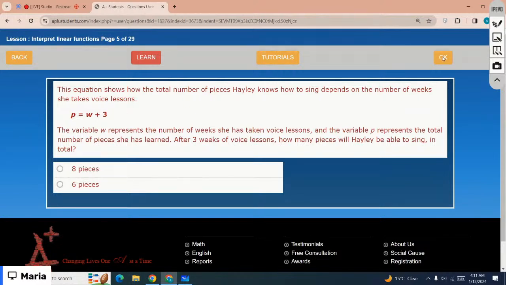That is P equals W plus 3, and you are given 3 weeks of voice lessons. So just replace W with 3. That is 3 plus 3, and the correct option is 6 pieces.